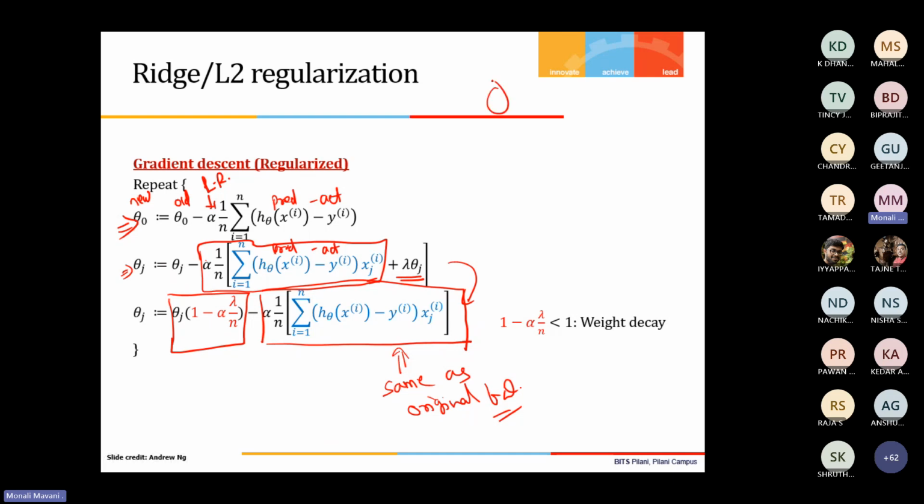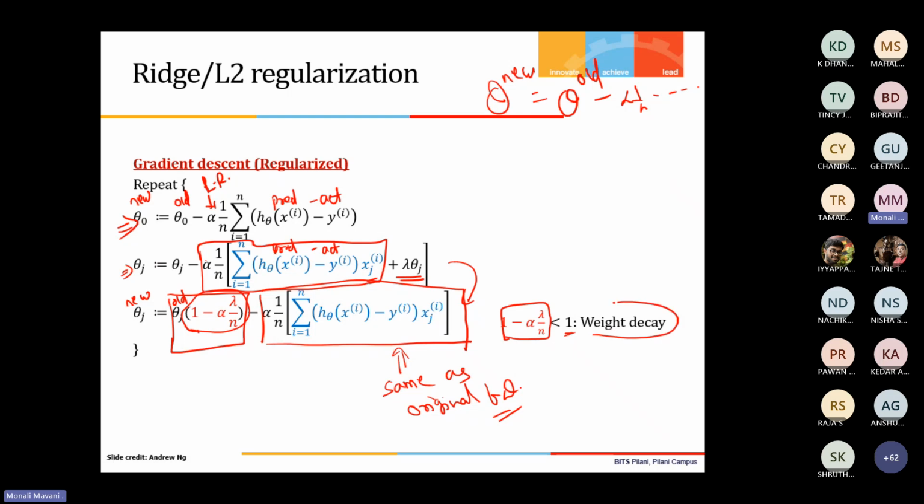The original gradient descent says that theta new is equal to theta old minus alpha by n and so on. Here, this is new, this is old, plus we are multiplying some number to this old. Mathematically try to understand what we are doing. This number is less than 1, some fraction.